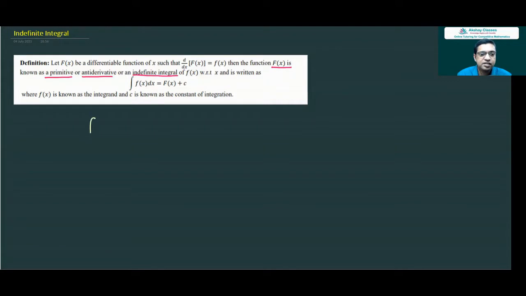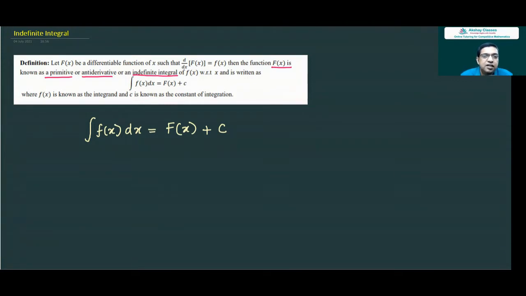And why is it indefinite? Because of this integration constant c. This constant c can take any real value.